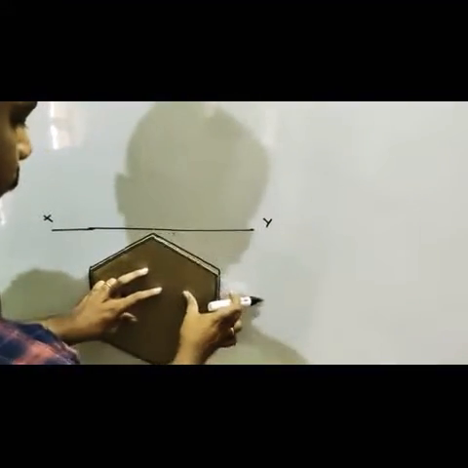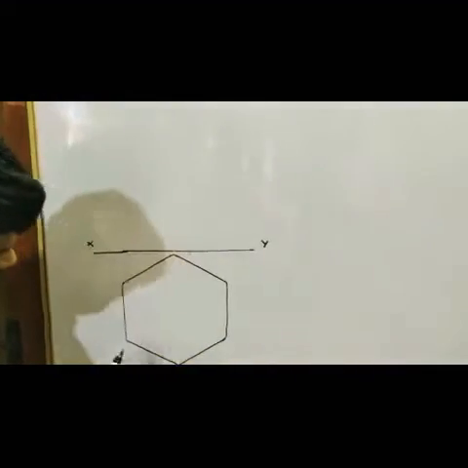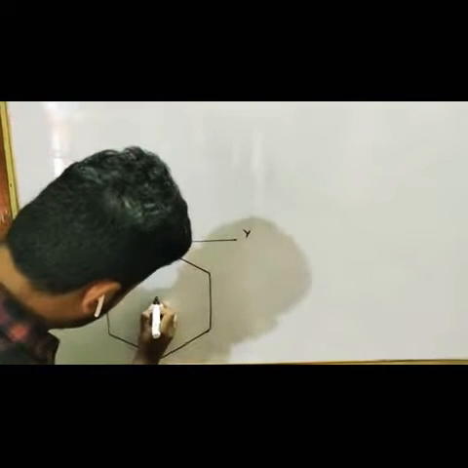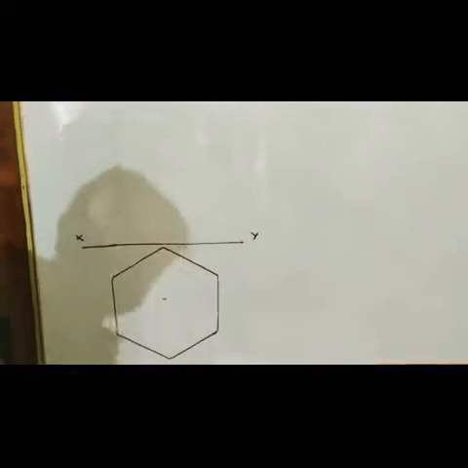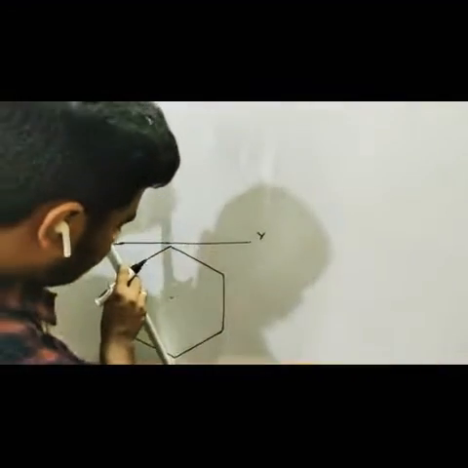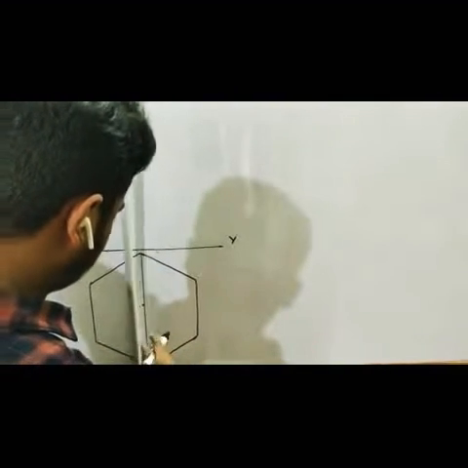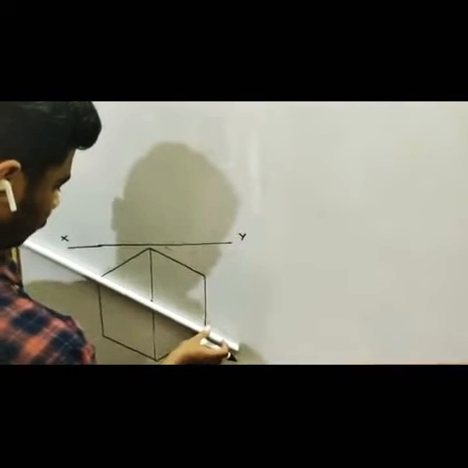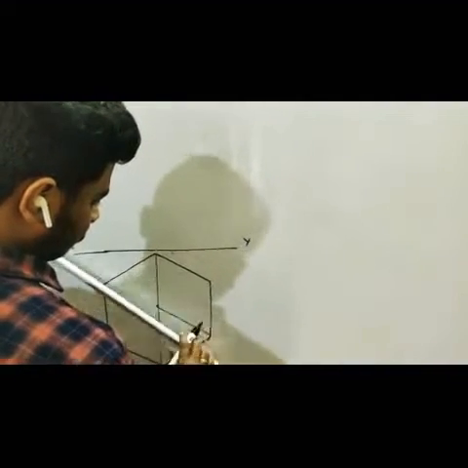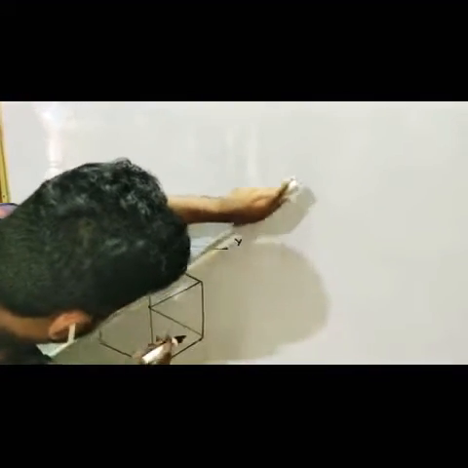Just like this. I have a point O at the center. So this is my point O at the center. Now I am going to connect all these points. That is your slant edges. These edges are called your slant edges.